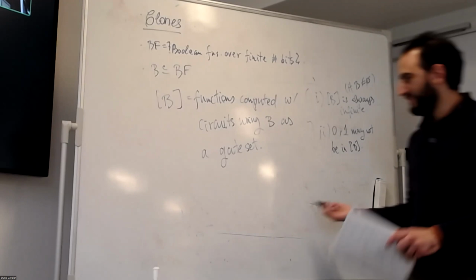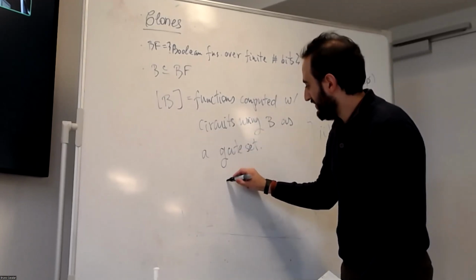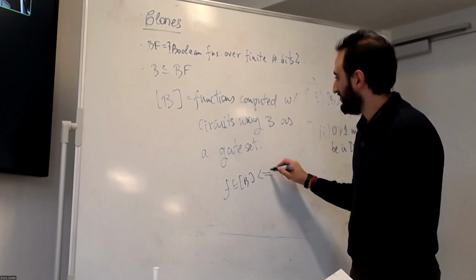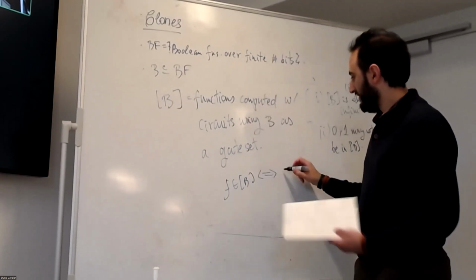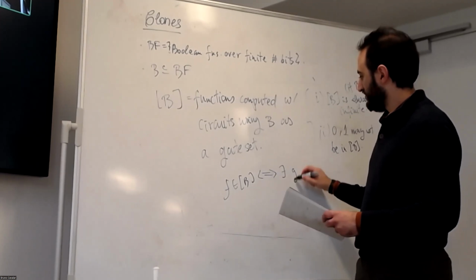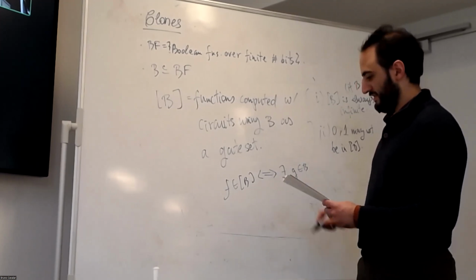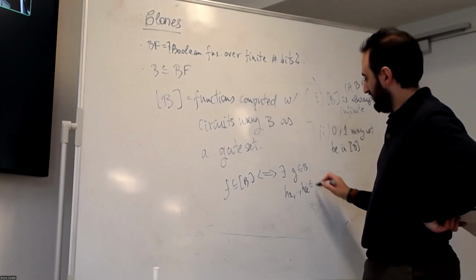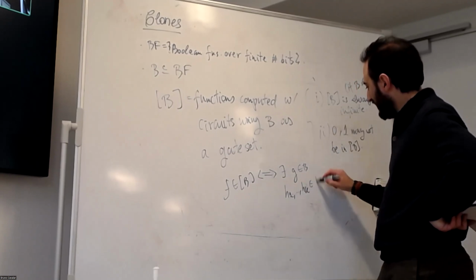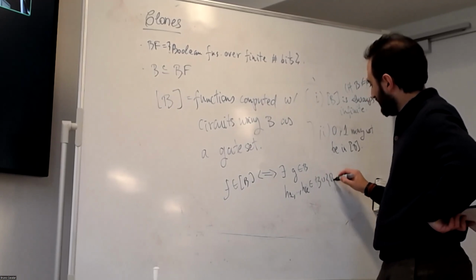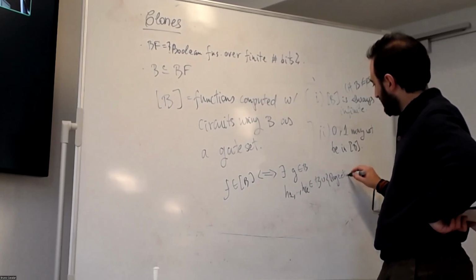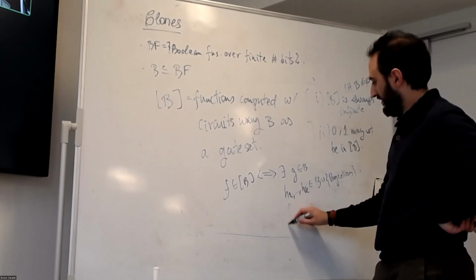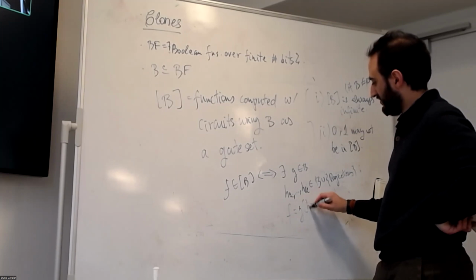This is the same thing as saying that a function F is in the closure of B if and only if there exists G in B and H1 through HK in B union projections, such that F is G composed of those.